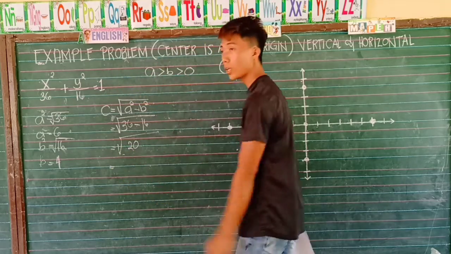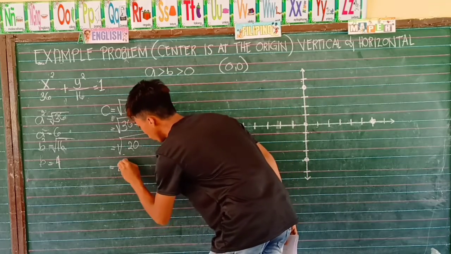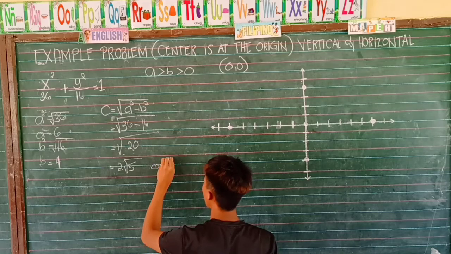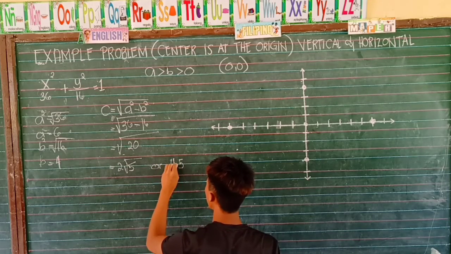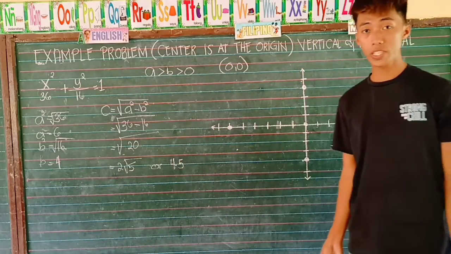The square root of 20 equals 2 square root of 5, or approximately 4.5. That's the value of our c.